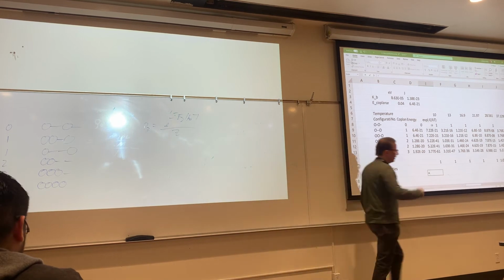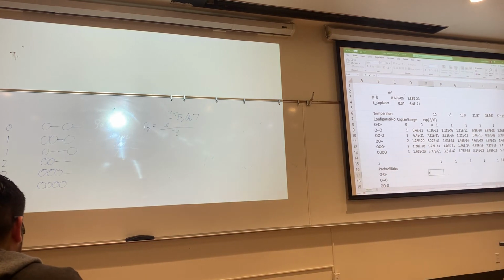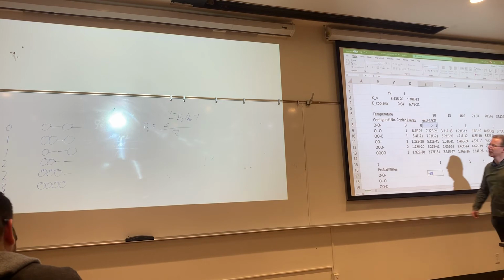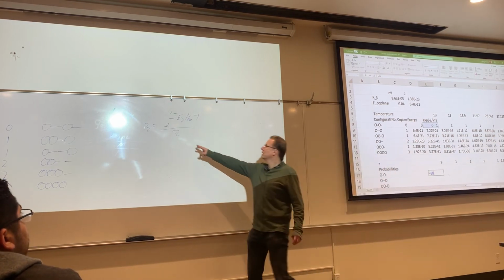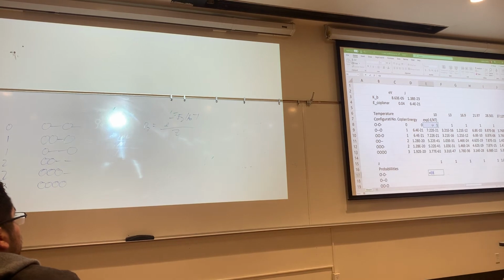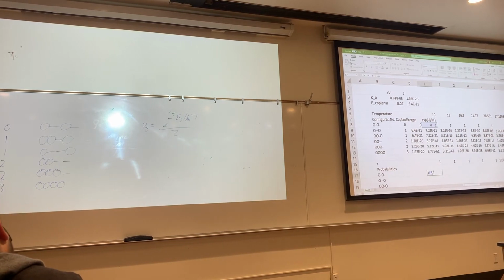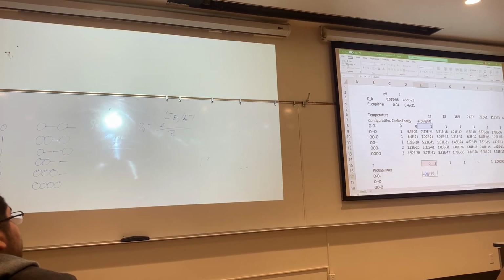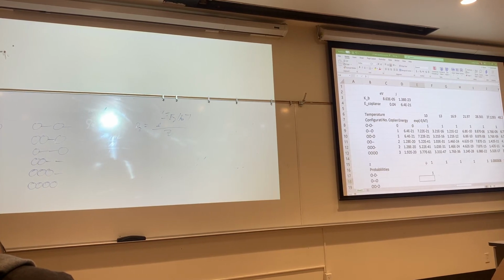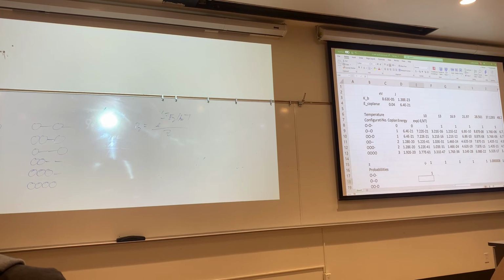But we calculated that one already. That one was this. And the whole thing then needed to be divided by Z, right? But we calculated our Z. That was here, right? So we already figured out how to do that.